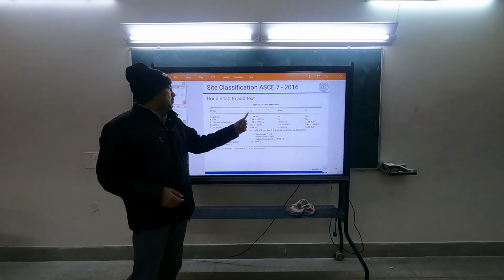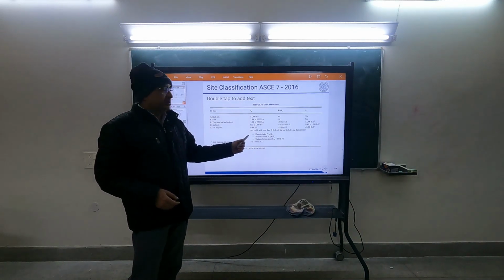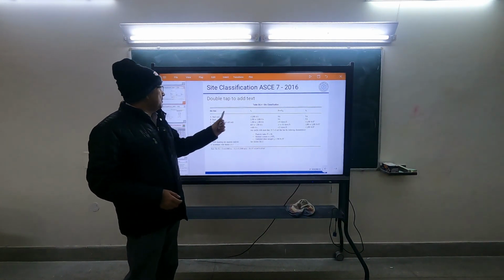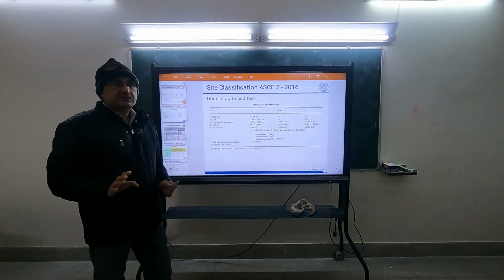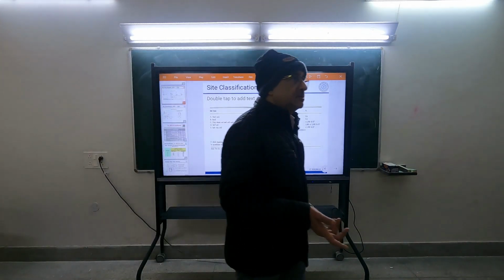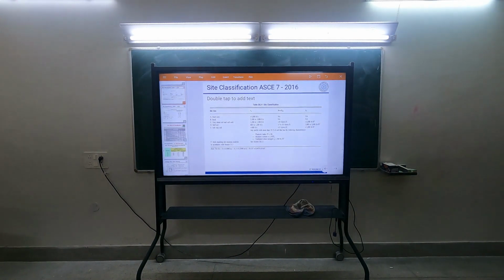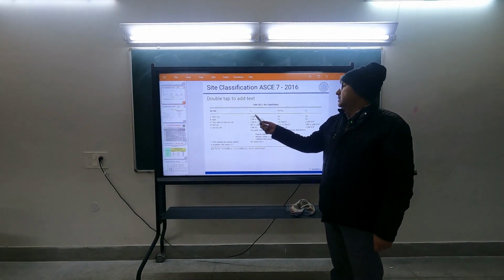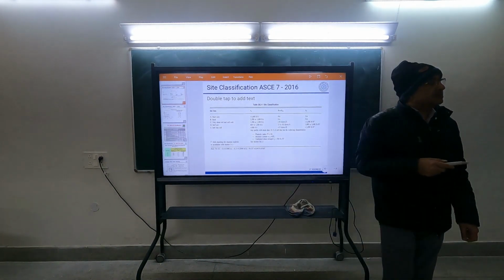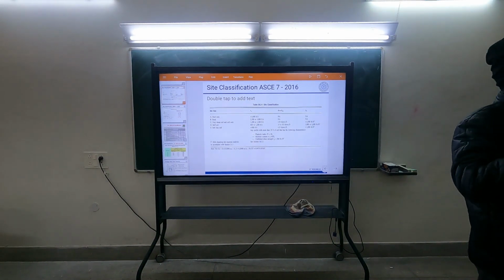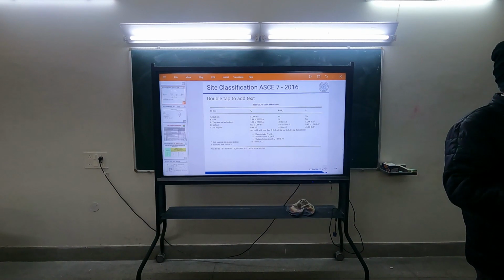The American code uses feet per second, so roughly 3 times you can take. They have 2 types of rock, rock A and rock B. Rock B starts from 2500, which corresponds to roughly 800 meter per second. So 800 meter per second and above is rock, and they have more than 1600 meter per second as hard rock. So they have hard rock in some regions, they have rock.